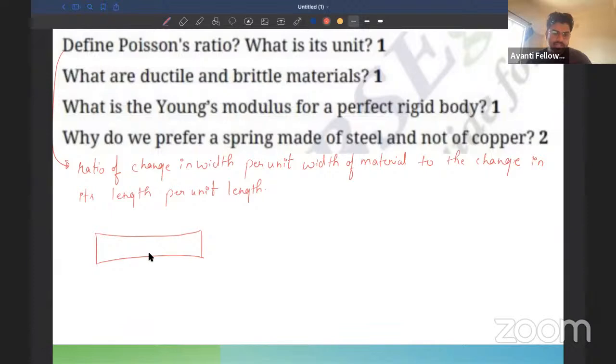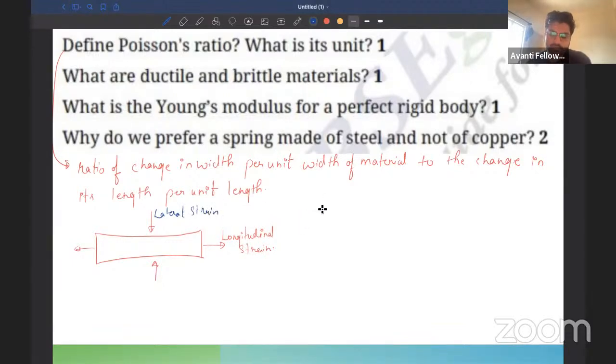By applying some longitudinal strain, when I stretched it, its width will decrease. This is decreasing, right? This is called lateral strain. क्या कहते हैं इसको? Lateral strain.